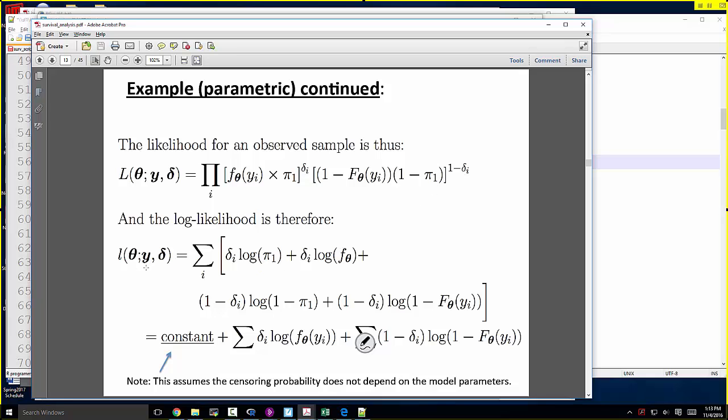It's usually easier when we're doing likelihood-based inference to work with a log likelihood rather than a likelihood itself. So the next expression is what happens if you log transform. The log of a product is the sum of the logs, and the log of something raised to the power of delta is delta times the log of the something. So that's all that has happened here.